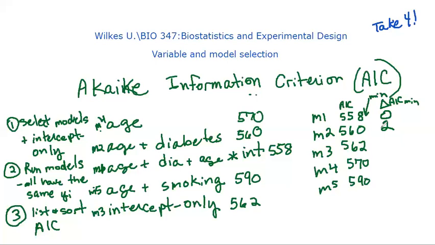And then we just go down. So to get from here to here, 562, that would be 4, and then should be 12.